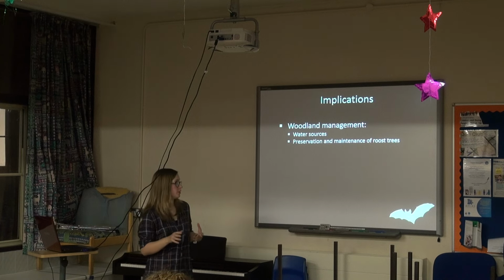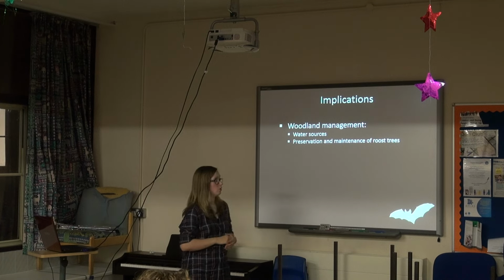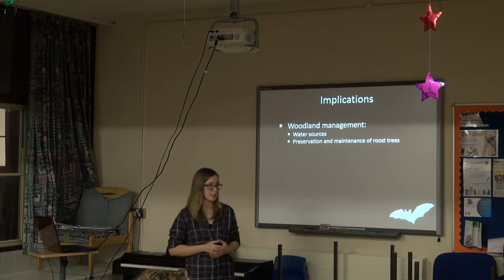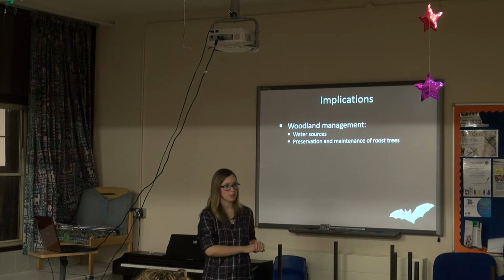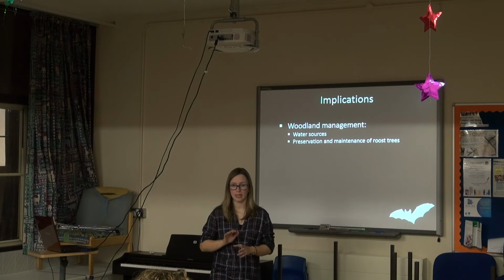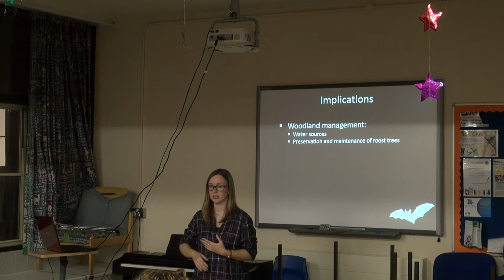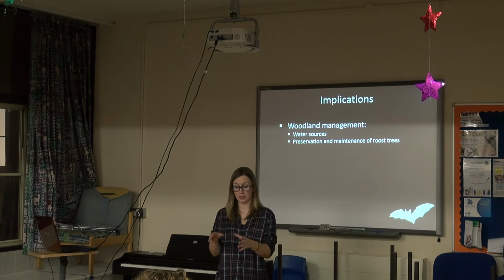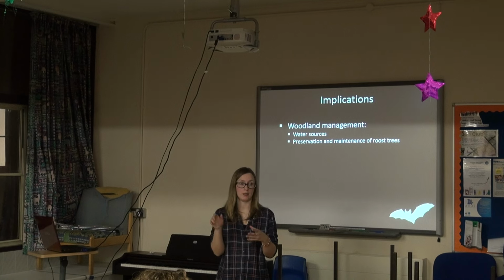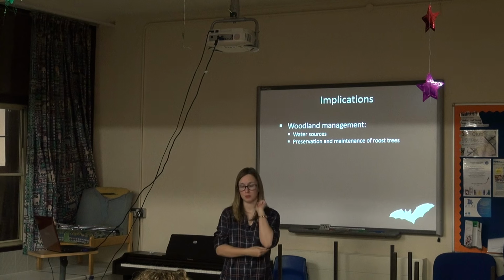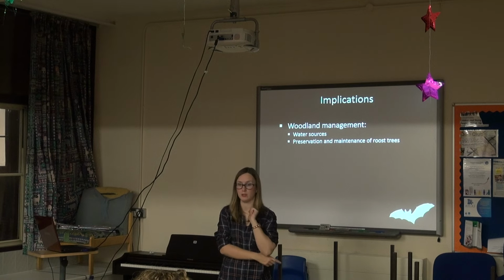Also, it does highlight roosts that we have that are known natural roost trees. So just from looking at particularly the radio tracking data, you can see that some of the bats seem to go back to the same trees year after year, and actually sometimes the same week of each year they will then choose to go back. So one of the most occupied roosts, it was always the same week that they would go back and use that tree.